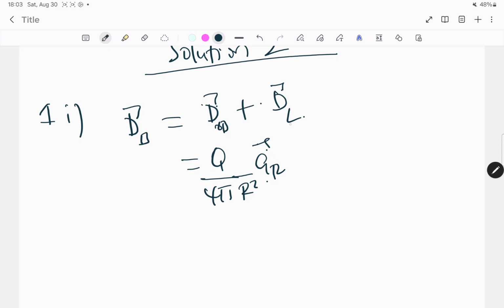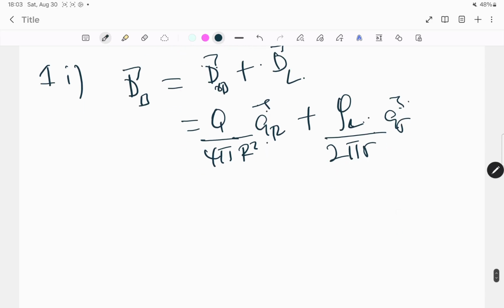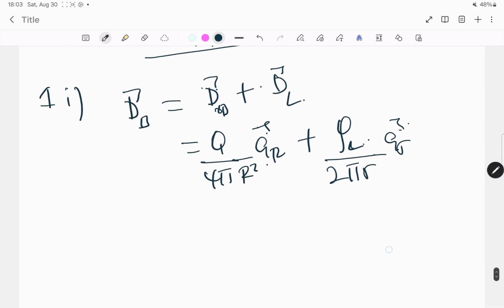Then we get the electric flux density due to the line charge. When it comes to a line charge, this is going to be equal to the line charge density over 2 pi r, times a_R. So these are the equations that we have.